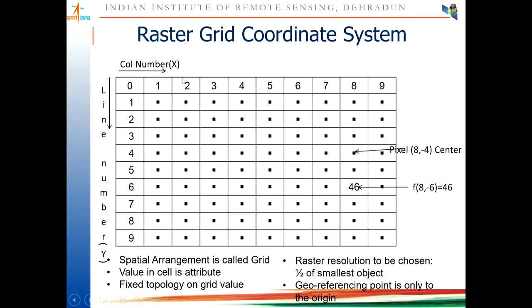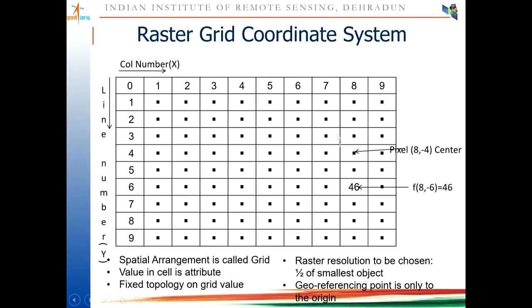In these cases you have a column number and a row number, and based on that column and row number we have a value represented. Each of those locations is at a fixed distance, and the distance between them is called the pixel resolution of the raster grid system.